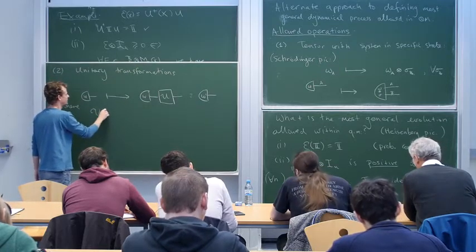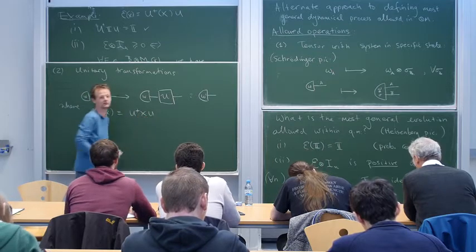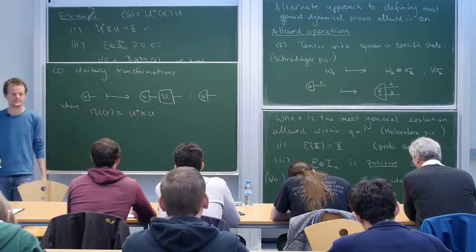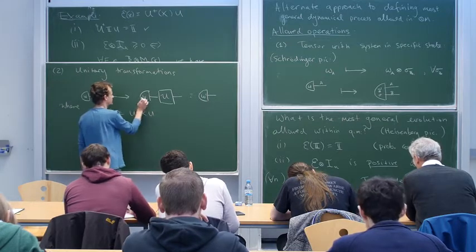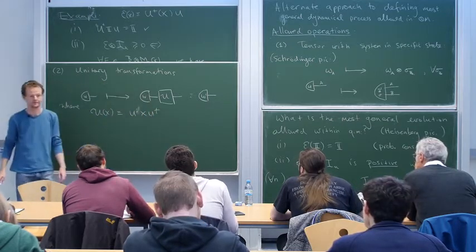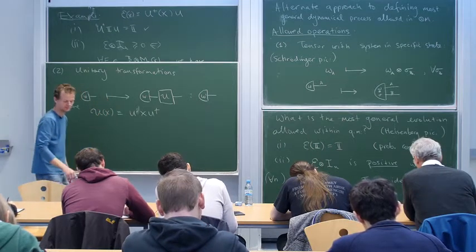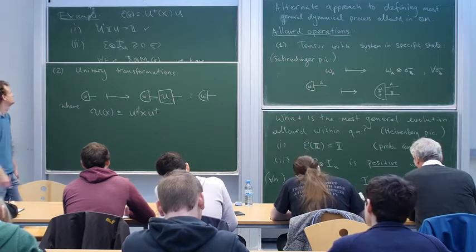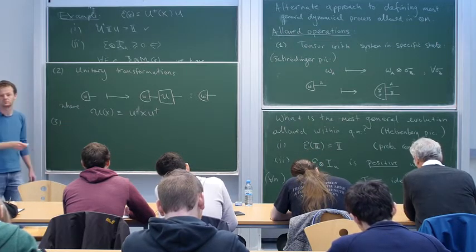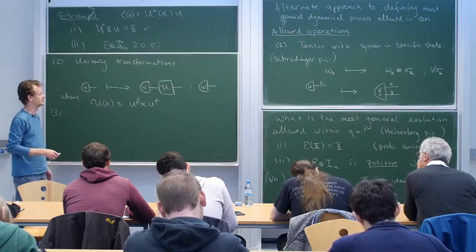This calligraphic U of x means conjugate with some unitary. We're working in the Schrödinger picture, so let's do that. That's simply allowed because we postulate that that's an allowed operation.